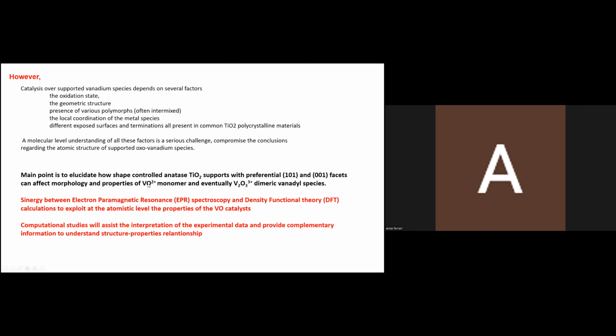As I told you, vanadium in this species is vanadium 4. So electron paramagnetic resonance has been used for the detection of this species. And the study is combined with computational calculations, density functional theory DFT calculations, to try to understand at the atomistic level the properties of this vanadium catalyst.